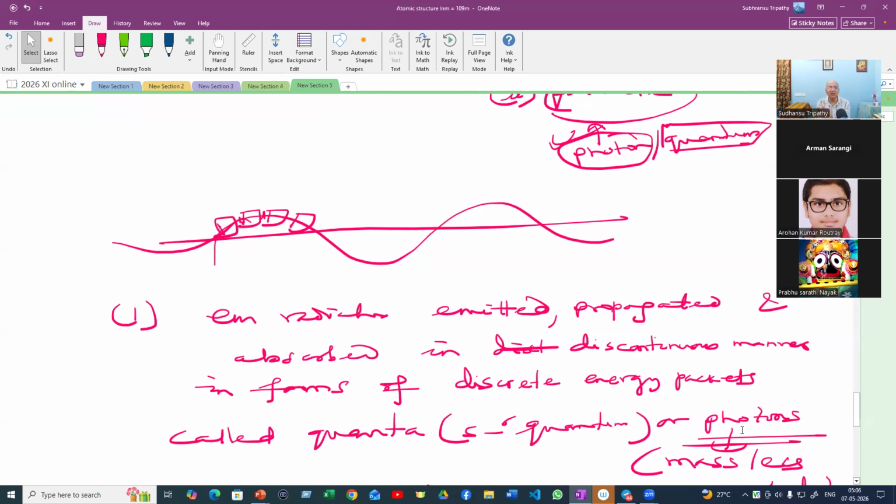But it is a discontinuous wave, which has been proved by the photoelectric effect by Einstein, the black body radiation by Planck himself, and Balmer was the first person who found the hydrogen spectrum becoming discontinuous. And then Compton later joined, he also proved through his famous Compton effect that energy propagation, emission, absorption are not continuous.